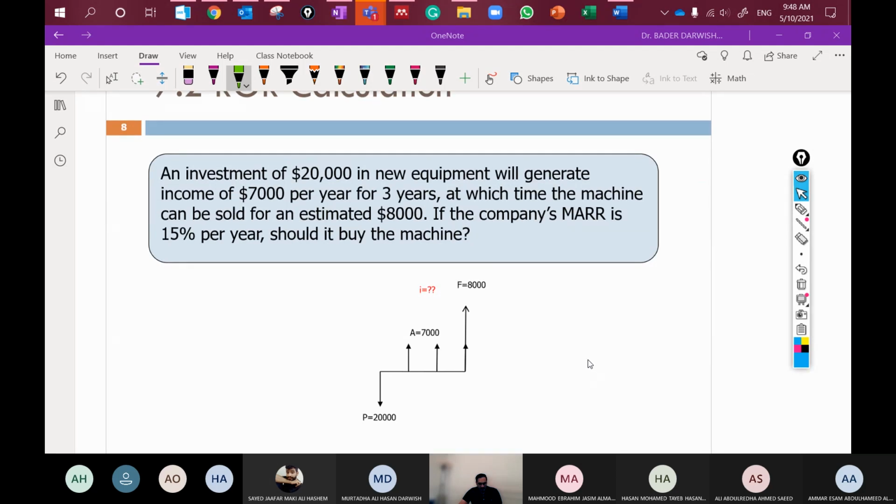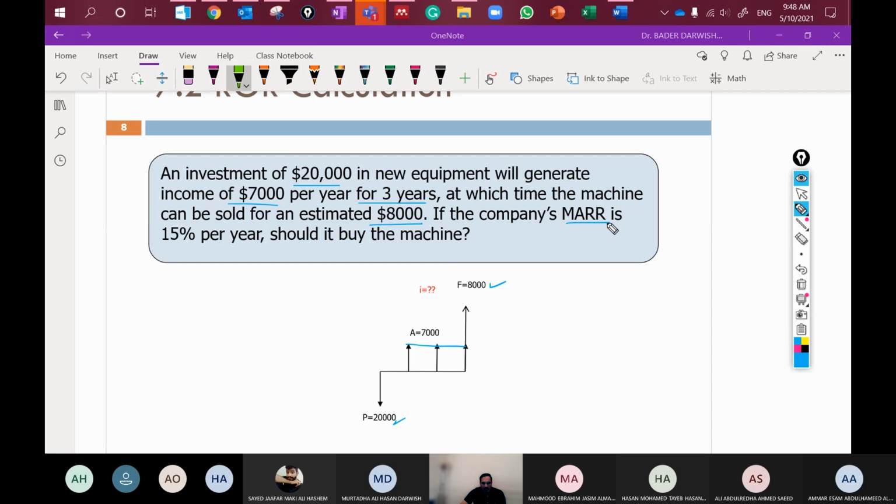Let's do this one, guys. I know that some of you are accustomed, but we try to make sure that everybody is aware. It says an investment of 20,000 in a new equipment will generate income of 7,000 per year for 3 years, at which the machine can be sold for estimated 8,000. As you know, so basically I have income, future, present.